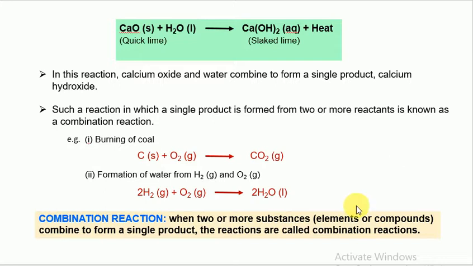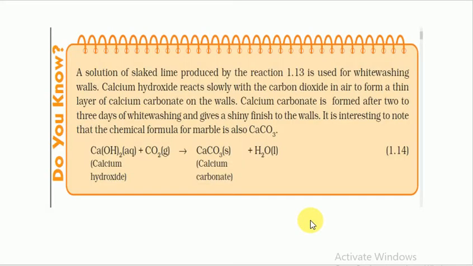You can write the definition of combination reaction as: when two or more substances, elements or compounds combine to form a single product, the reactions are called combination reactions. There is an interesting thing to note: in the activity, slaked lime, that is calcium hydroxide, was produced.